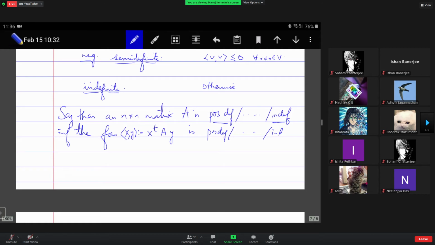That happens if and only if A is a symmetric positive definite matrix.